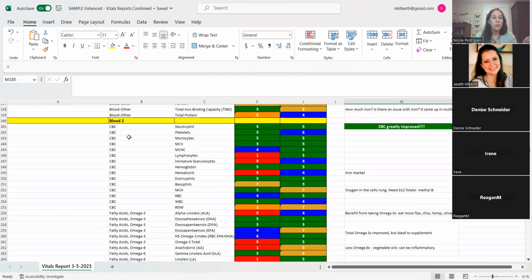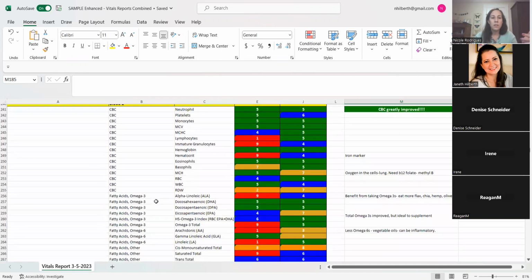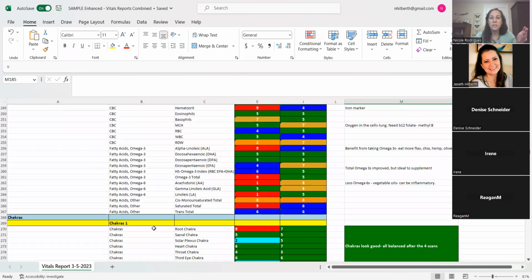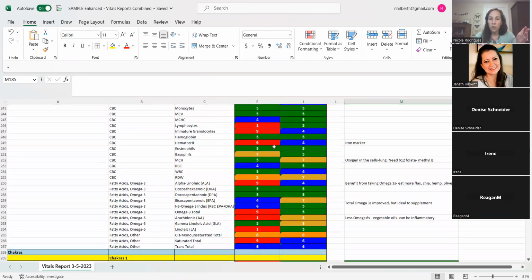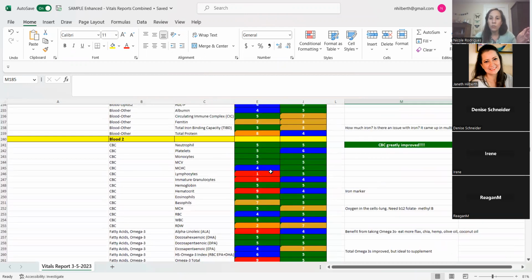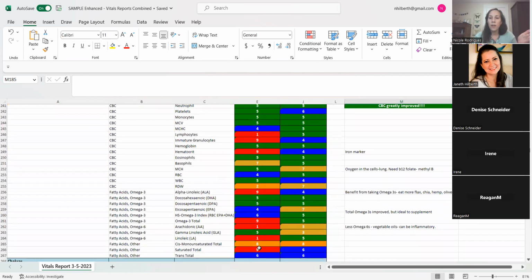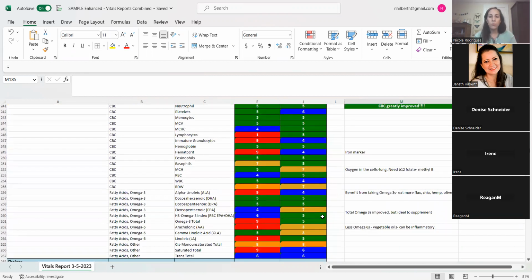If you look at the blood 2 section, this contains some of the CBC items and then the fatty acids. Overall, this was a huge improvement. There were so many things that were out, red and red, and they definitely improved.